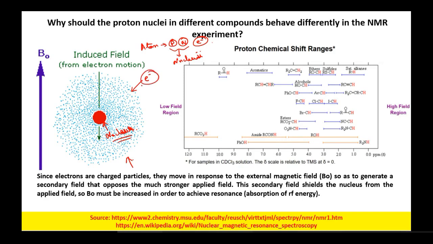These blue dots are also present there, and when we apply a magnetic field B0, as we discussed in our last class, the protons are charged particles and they start precessing. Due to the precession there is a generation of a local magnetic field.